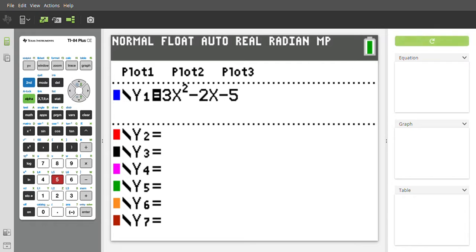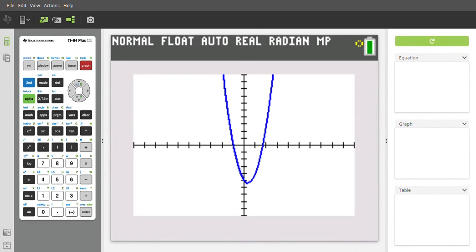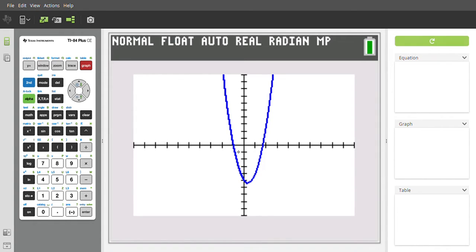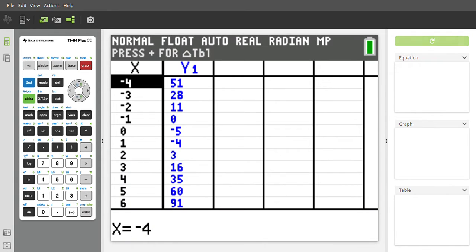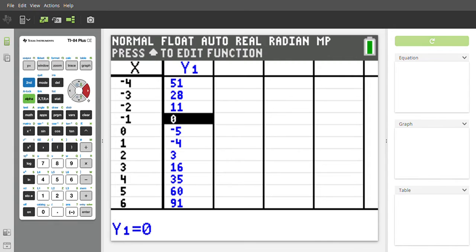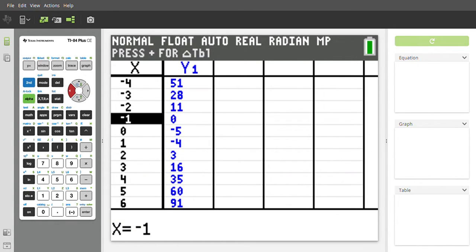We're plugging it in next to y so that we can draw the graph and find the x-intercepts. Now, this x-intercept on the left right here looks to be at -1. So I'm going to look at the table right away and see if that's true. Yes, it is. Look. At x equal -1, the y is 0. So x equal -1 is one of our answers. So I don't need to use the 0 command to find that.